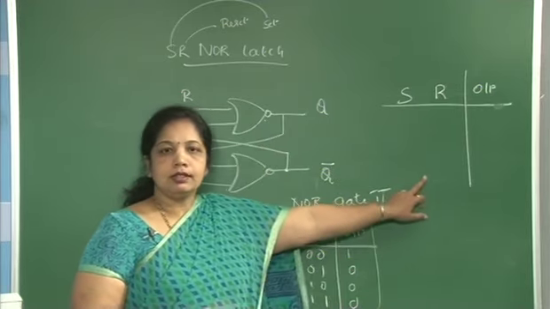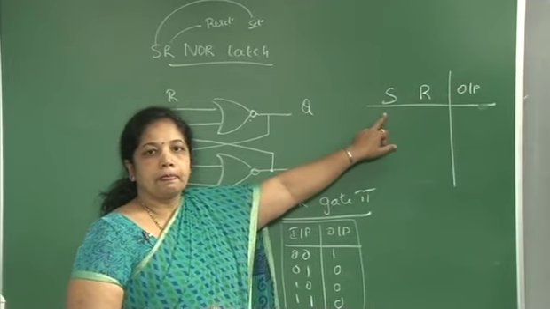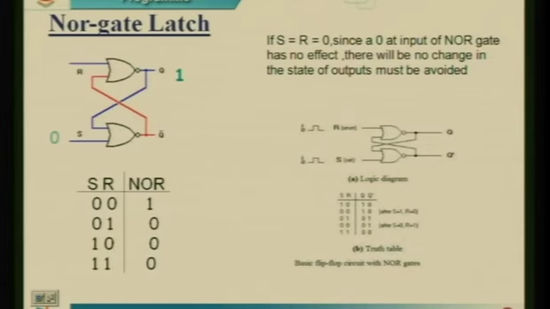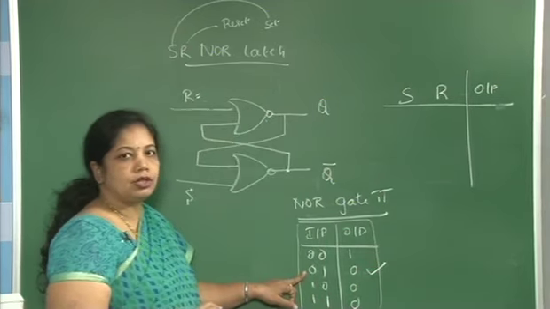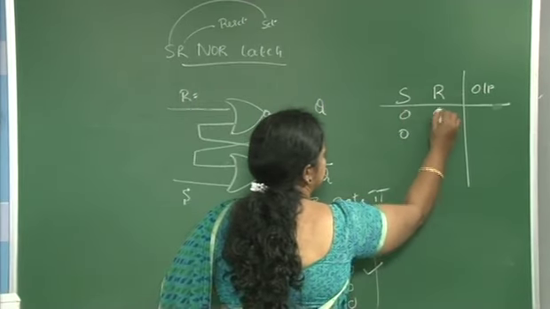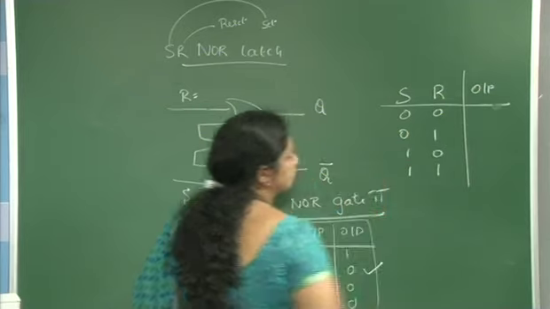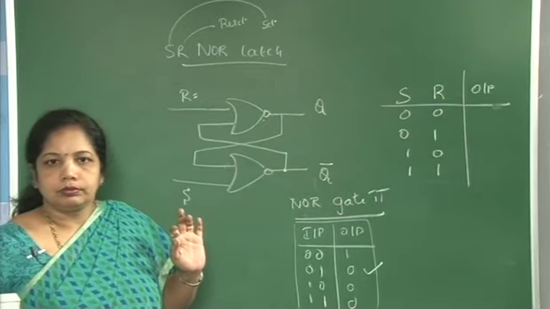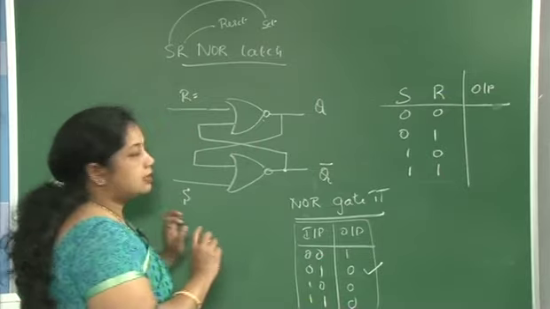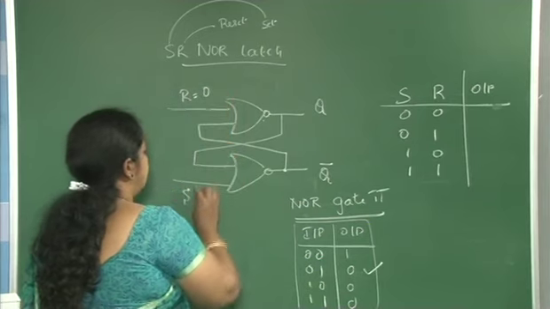Now let us discuss what happens when I give inputs to the NOR gate. Let me start with R as 0, S as 1.